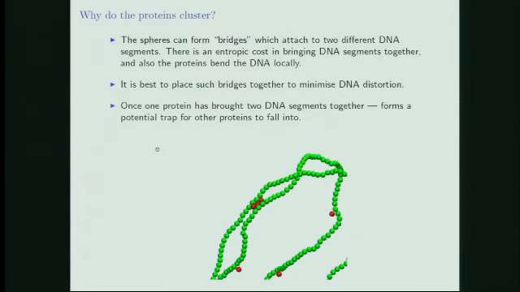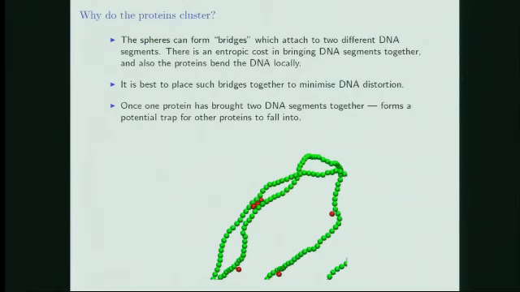Okay, so why do the proteins cluster? There's a couple of reasons. Because the spheres are isotropic and they can interact with the DNA all around, the spheres can form bridges between two different segments of the DNA. And by making multiple contacts with the DNA, they can reduce the energy by binding to the DNA.